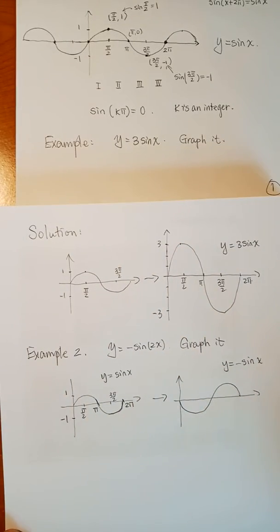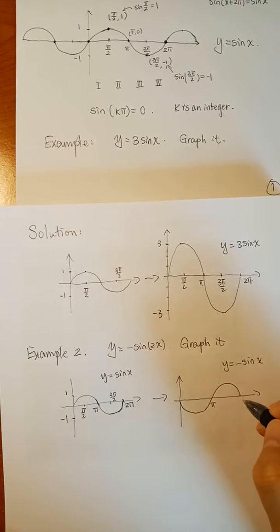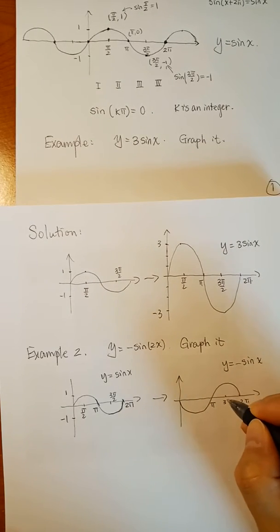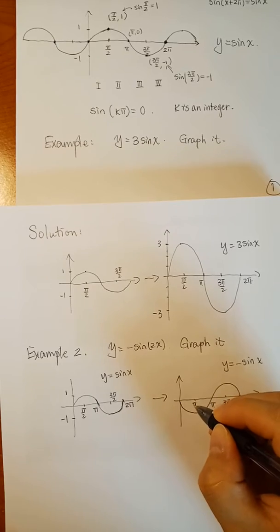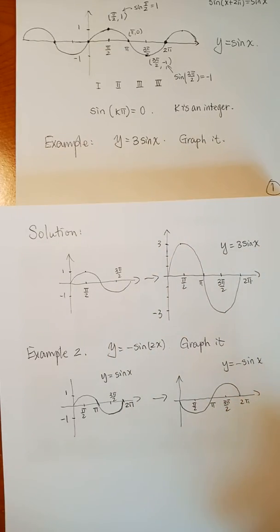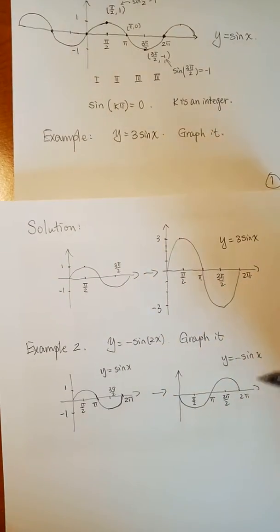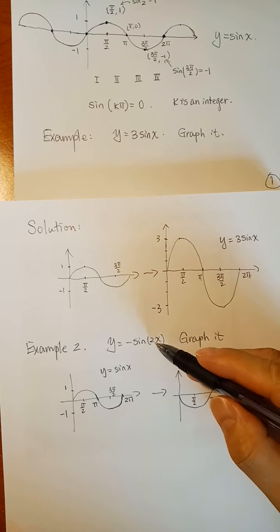Okay, and this is the same point. After that, what's next? You see, our x is 2 pi. We finish this period. Now you have 2x.